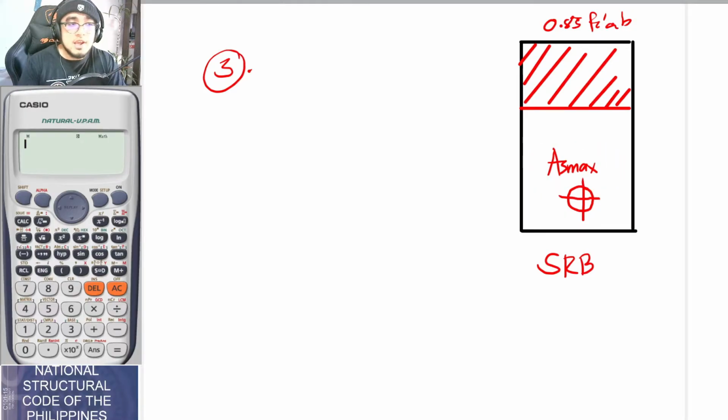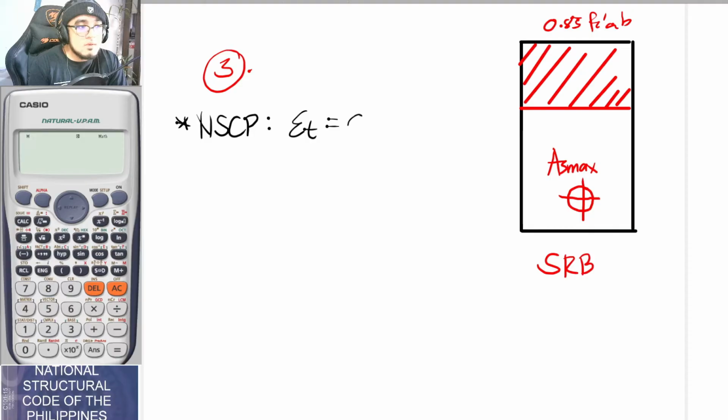But we have a catch here. For your As max, we actually have two formulas. So if you would be considering NSCP provision, it is indicated in NSCP that the maximum strain of the tensile rebars should be equal to 0.004.